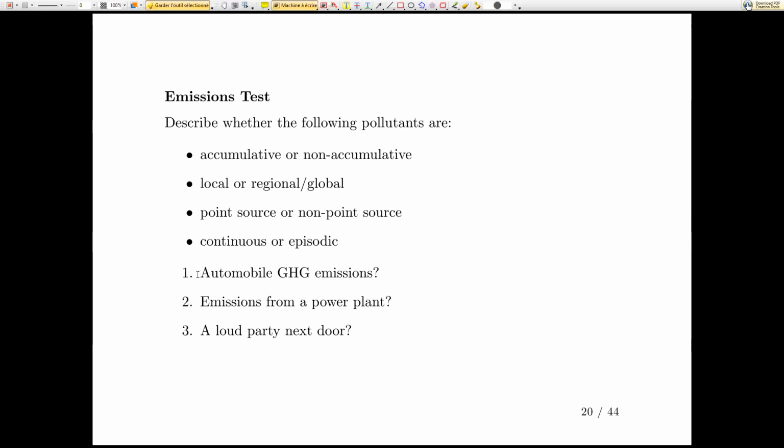So for instance, if I were to ask you automobile GHG emissions, let's do that together, and I'll leave the two others for you to think about. So that one. Accumulative or non-accumulative?